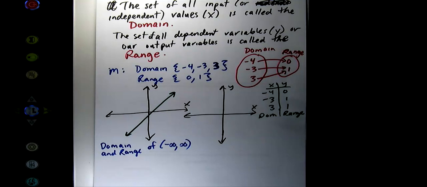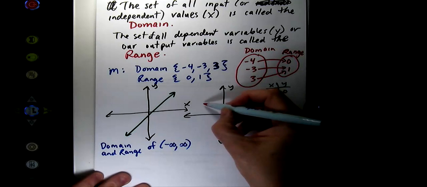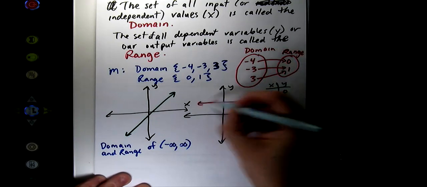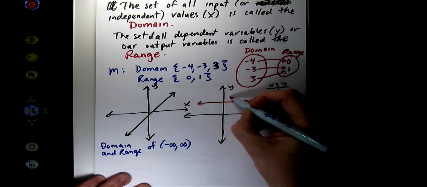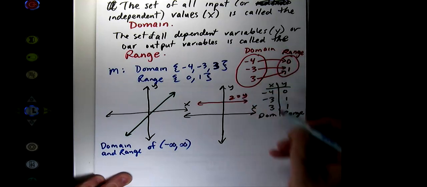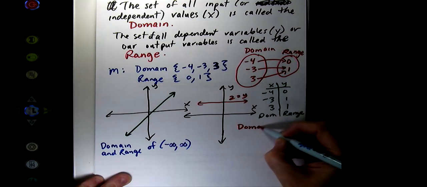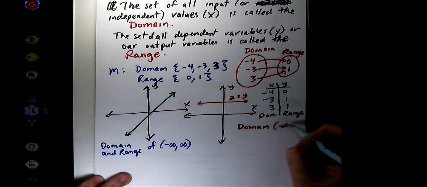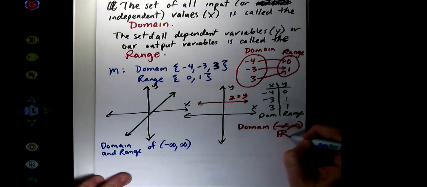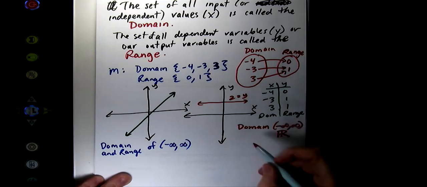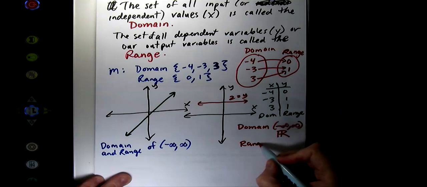The only exception is a horizontal line. Let's say that's at 2. For the red line there, the domain is all real numbers, negative infinity to infinity. They sometimes do this to represent all real numbers. But the range there is just y equals 2.